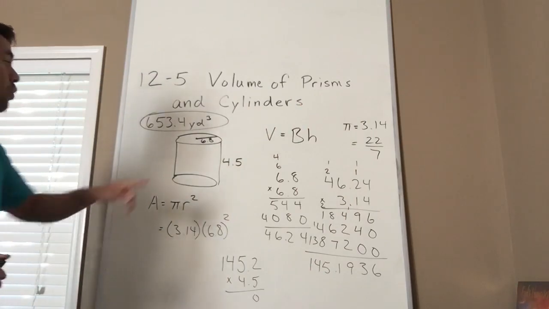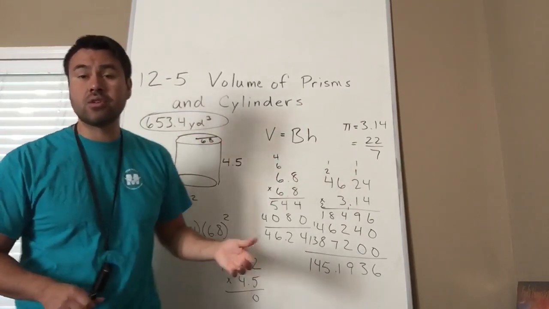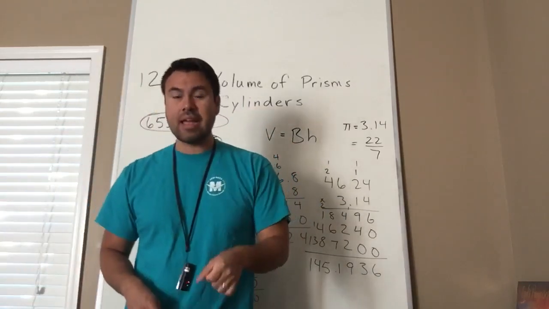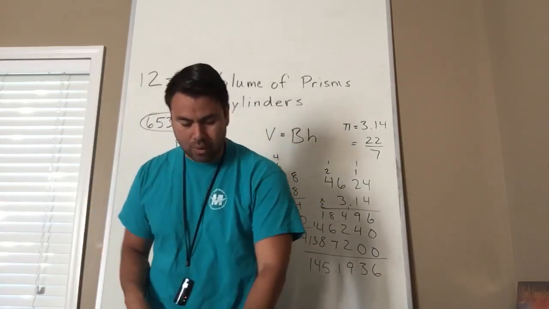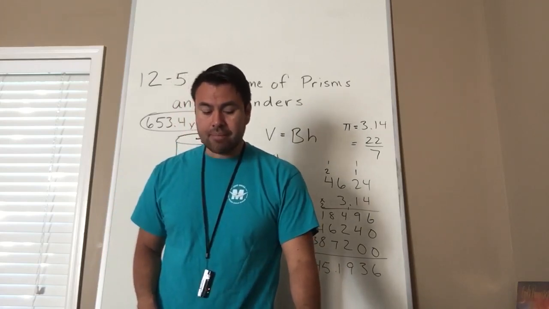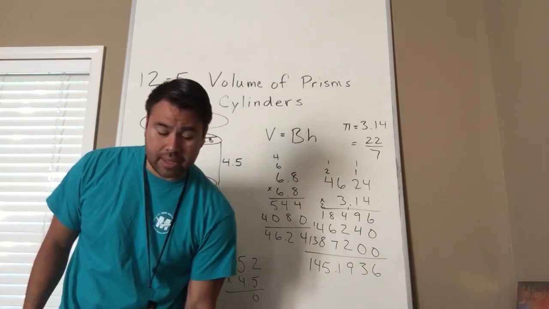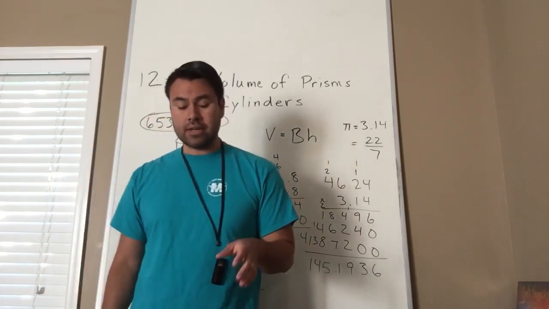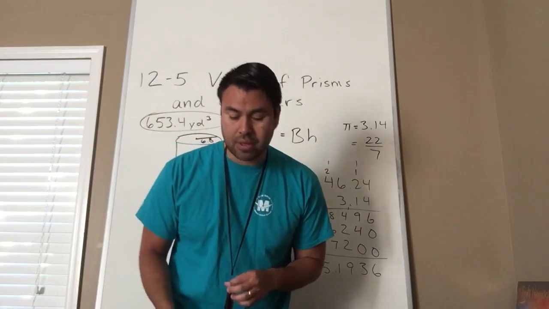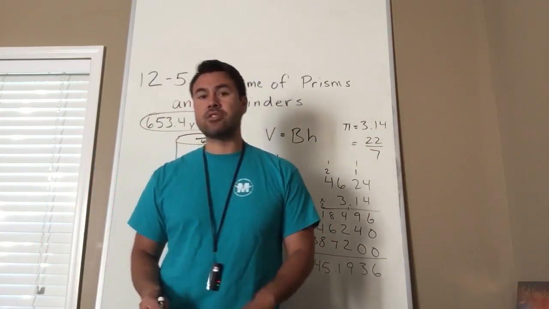So remember, this is the base formula, and for a cylinder, that means you have to find the area of the base and then multiply that by the height, no matter what. Okay, I'm going to leave it with that one. If you don't ever want to use 22/7, you don't have to, but that's an option if you want to. There are no fractions on the homework, but if you wanted to use it, you could. It might make the math easier on some problems.